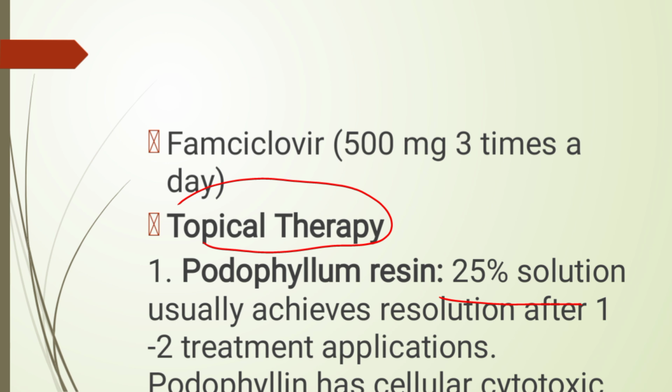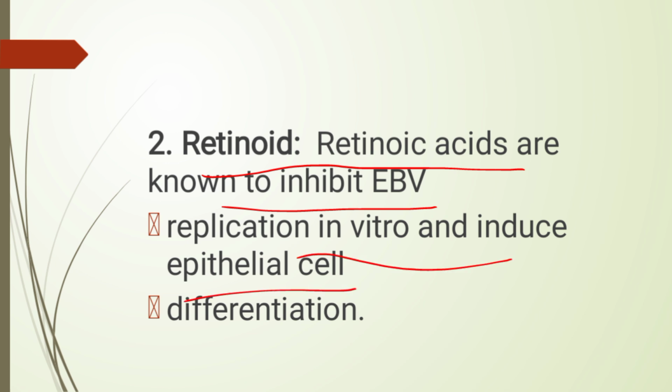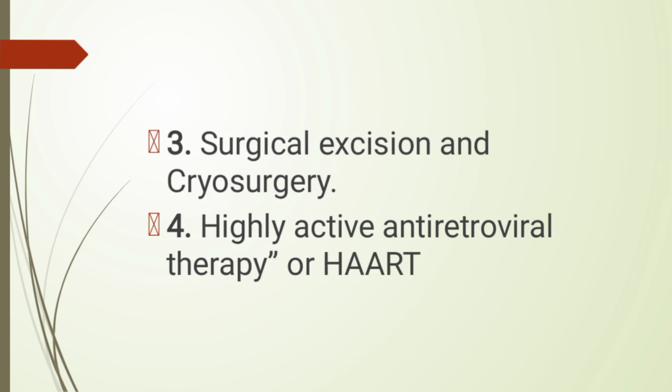When you apply it 1 or 2 times, it can resolve the lesion. Retinoic acid is known to inhibit Epstein-Barr virus replication in vitro and induce epithelial cell differentiation. Then there are surgical excision and cryotherapy.